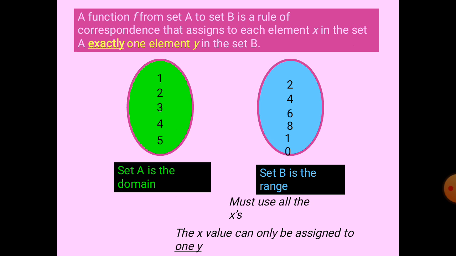In set A, we have the domain 1, 2, 3, 4, 5. Set B is the range. We have 2, 4, 6, 8, 10.